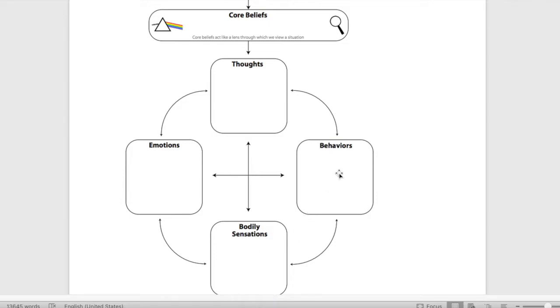And then your behaviors. Oh my gosh, sorry about that. There are always sirens coming through this way. I know it's really annoying. Behaviors are what is going to be impacted. So say, again, the thought is, I'm not going to pass the test, and it means I'll never get a job. You feel fearful, you feel your heart racing. The behavior may be that you put off studying.